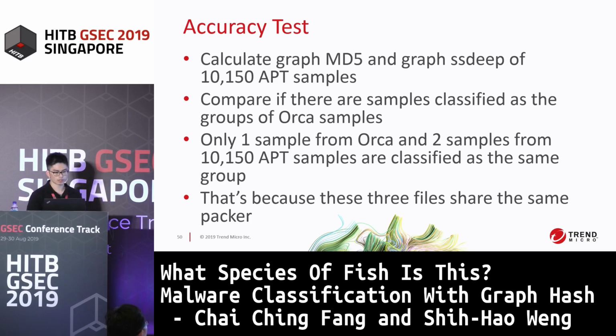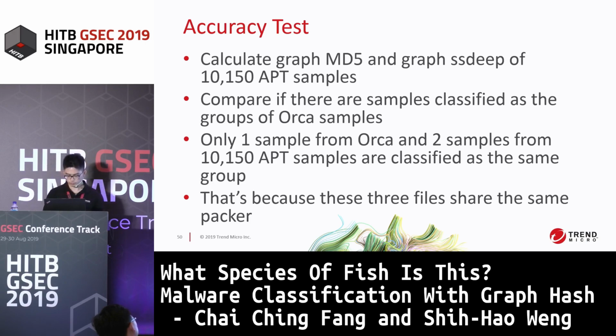Okay. Next, we are moving to the accuracy test. So here is what we do. In addition to OCA samples, we calculate graph MD5 and the graph ssdeep of 10,150 APT samples.